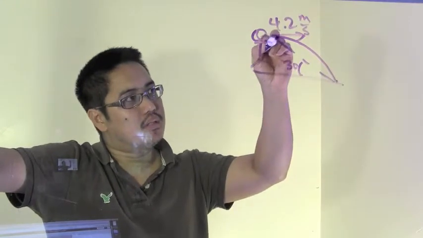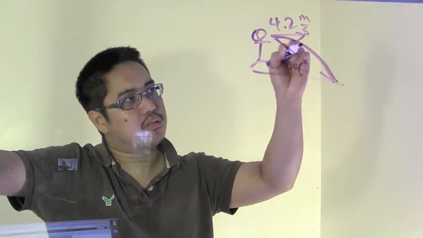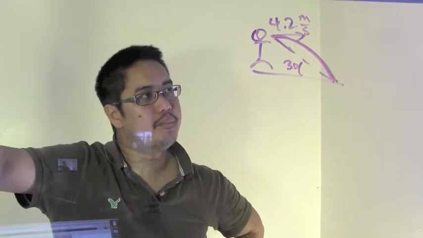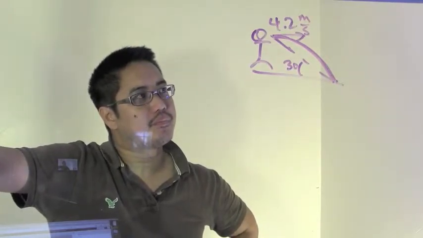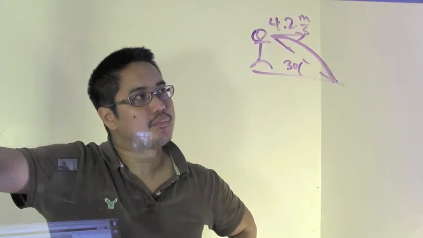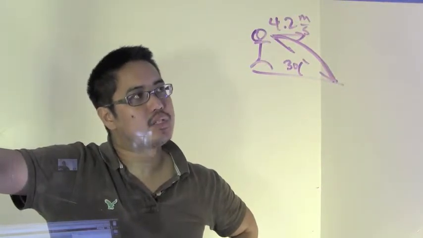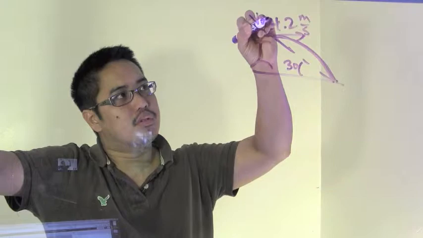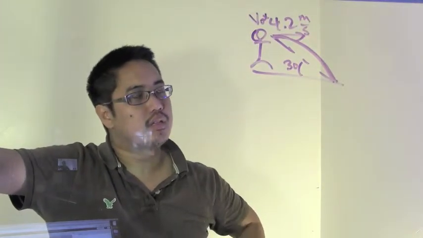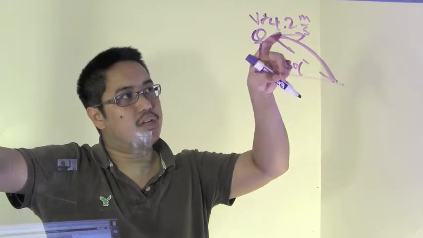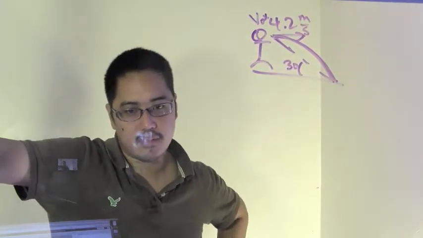Yeah, I know. But it's 4.2 in the x direction. So 4.2 goes along the x, and that's v naught x. This is the v naught in the x direction, 4.2.